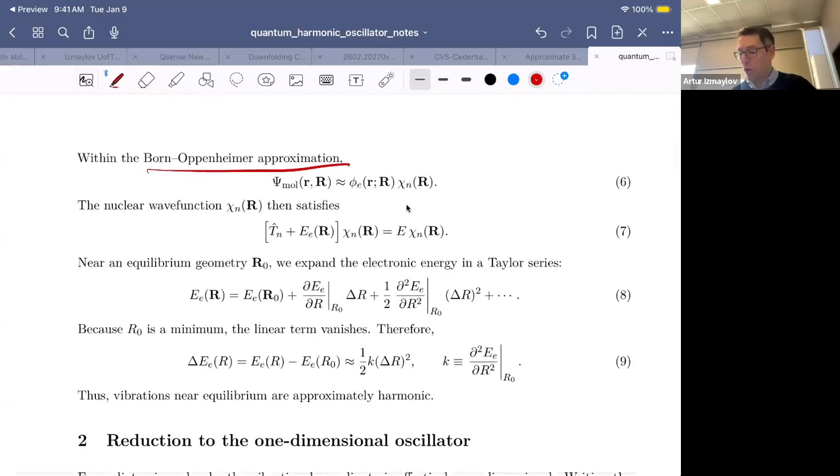And then Born-Oppenheimer suggests that we write down the total wave function as a product. And after integrating out the electronic part, since we solve it with a fixed nuclear configuration, we are left with the question: what is the nuclear wave function doing?